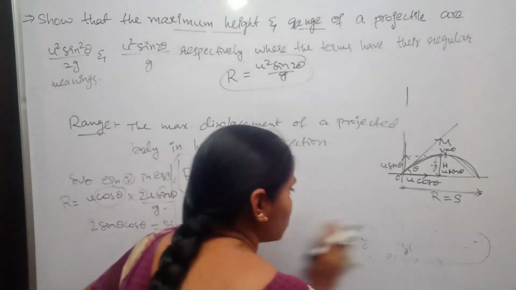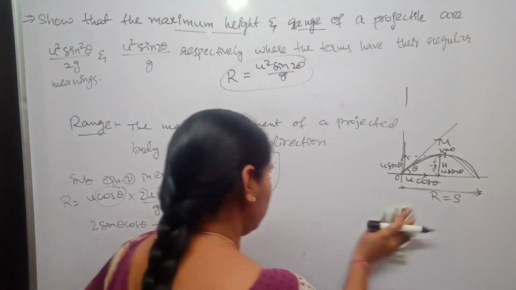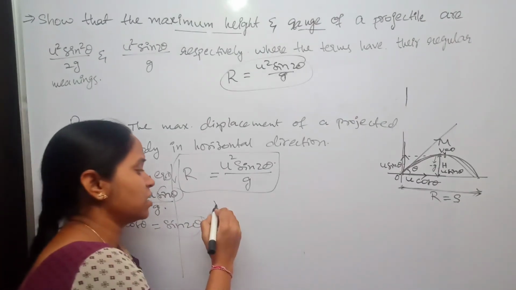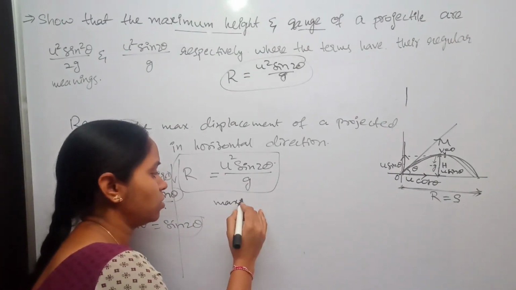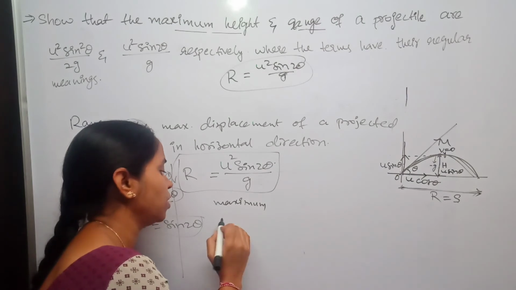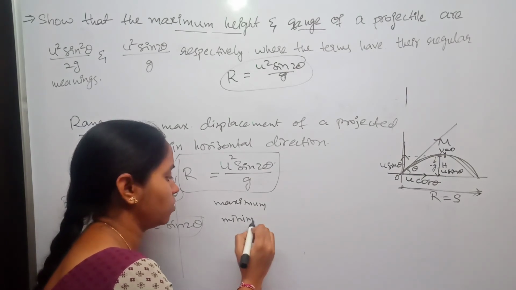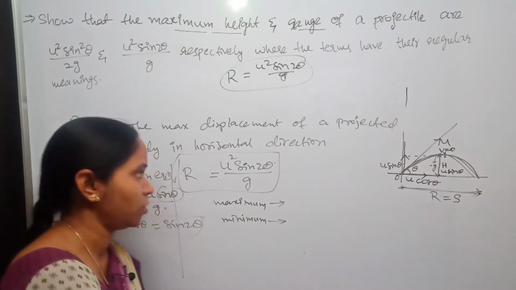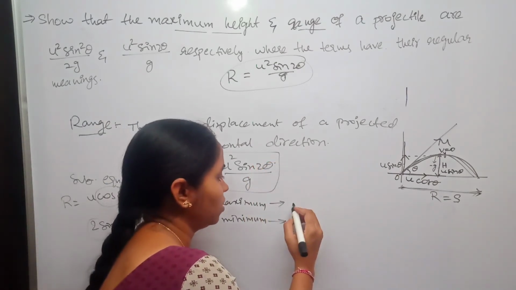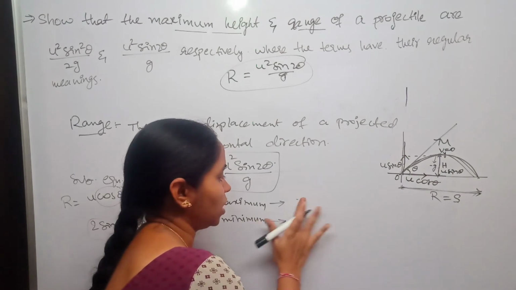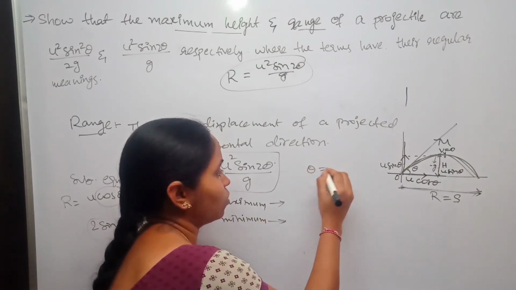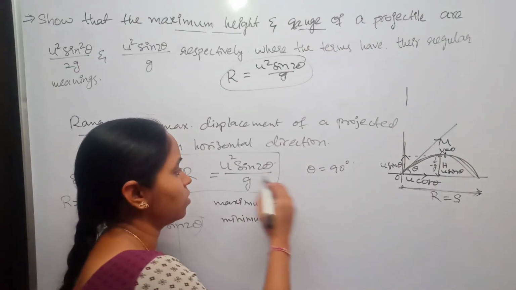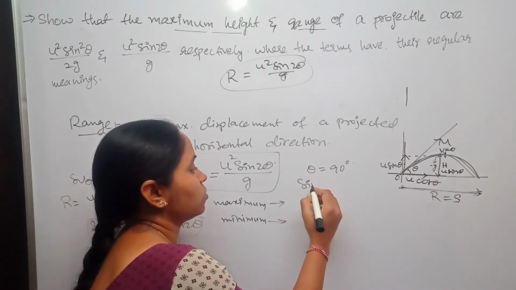And we have to find out the maximum range. Range is nothing but the maximum displacement, and it will be maximum at some point and it will also be minimum. When will it be maximum, when will it be minimum? Let's find out. If you take theta is equal to 90 degrees, what is sin 2 theta?